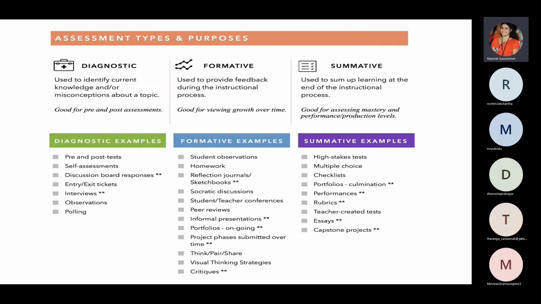The teacher teaches and gives homework, so with the homework activity we can assess whether the child or student understood or not. Then peer reviews, meaning peer evaluation. I ask my coworker to assess me, so he provides feedback on how I am working, whether I am professionally fit or not. It is one example of formative assessment.